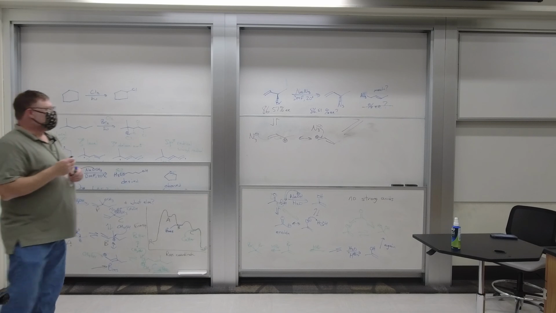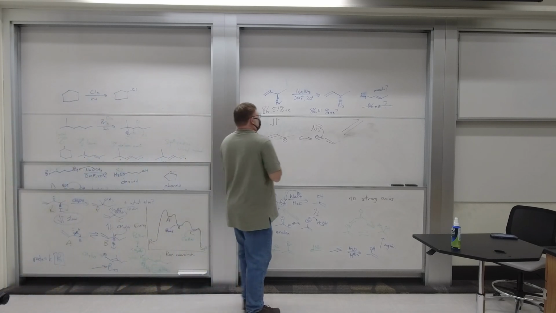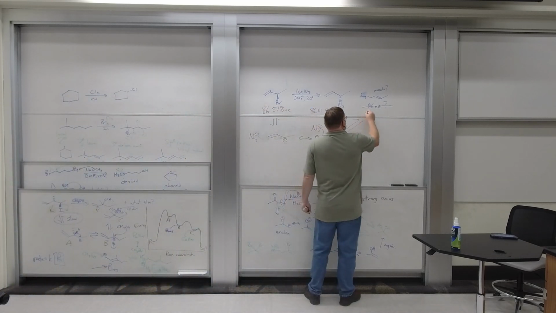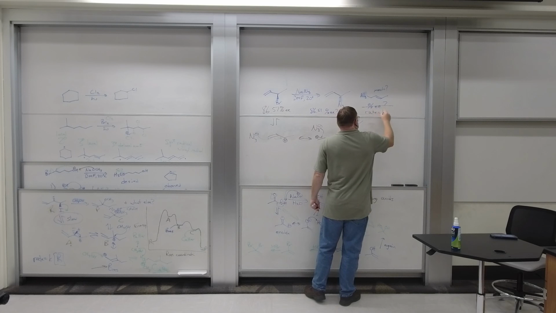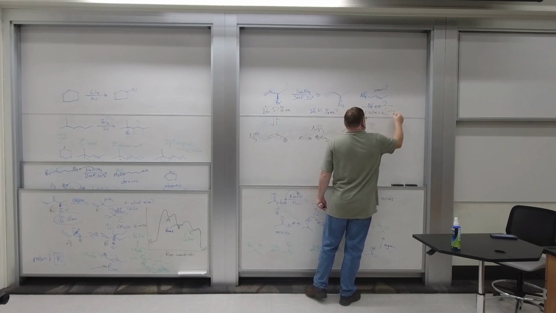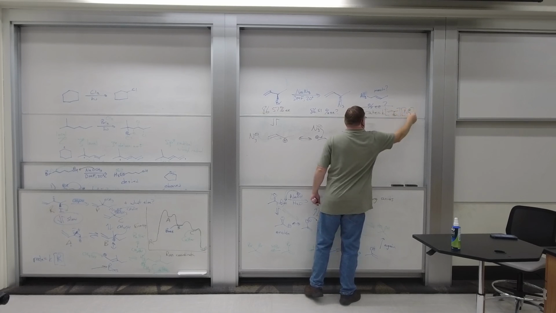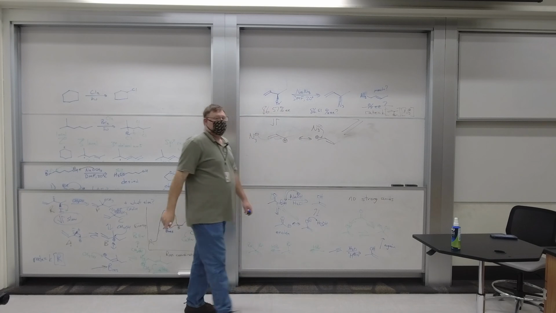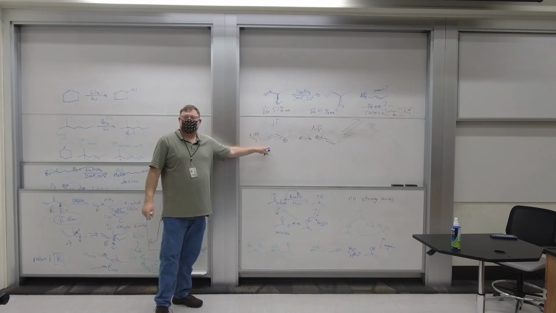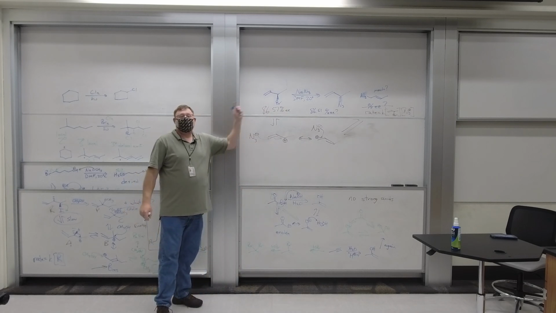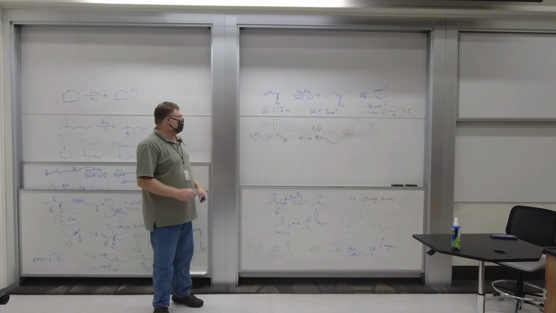If I told you that the rate here was dependent on both of them, that is not consistent with SN1. So for what I told you, saying SN1 is fine.